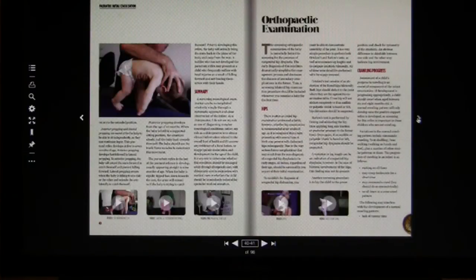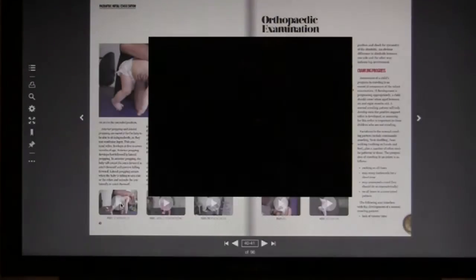Or testing for a postural reflex such as this Landau reflex.